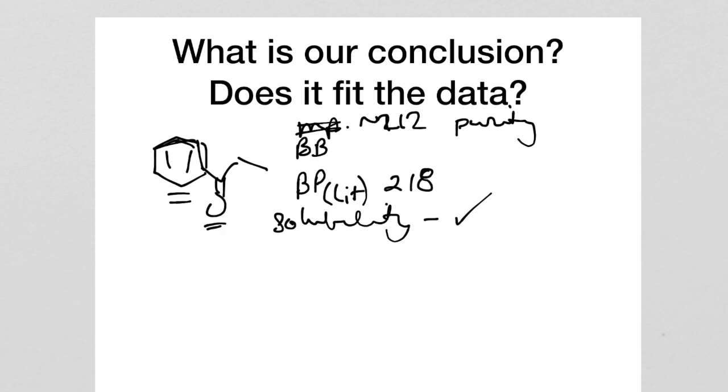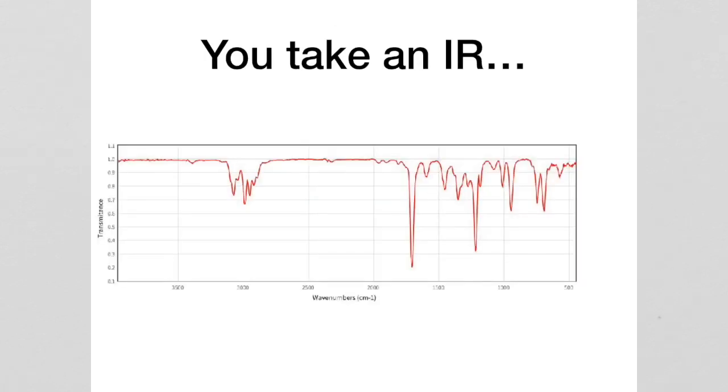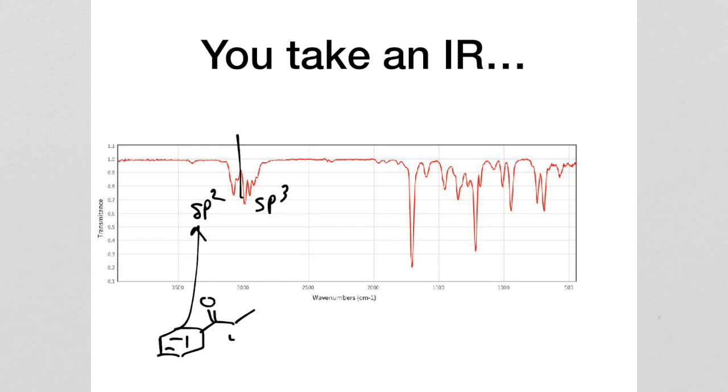Let's scroll back and take a look at our IR again. If we take a look at our IR, what do we see? We see sp2 and sp3 hybridized carbon to hydrogen, and that makes sense because we have our aromatic ring hydrogens that are giving us our sp2, but we also have this alkyl chain right here which has sp3 hybridized carbon to hydrogen, so that all makes sense. We have our ketone, our carbon-oxygen double bond, and on yours, because IRs do a much better job of peak picking, you can correlate your wave numbers much better.